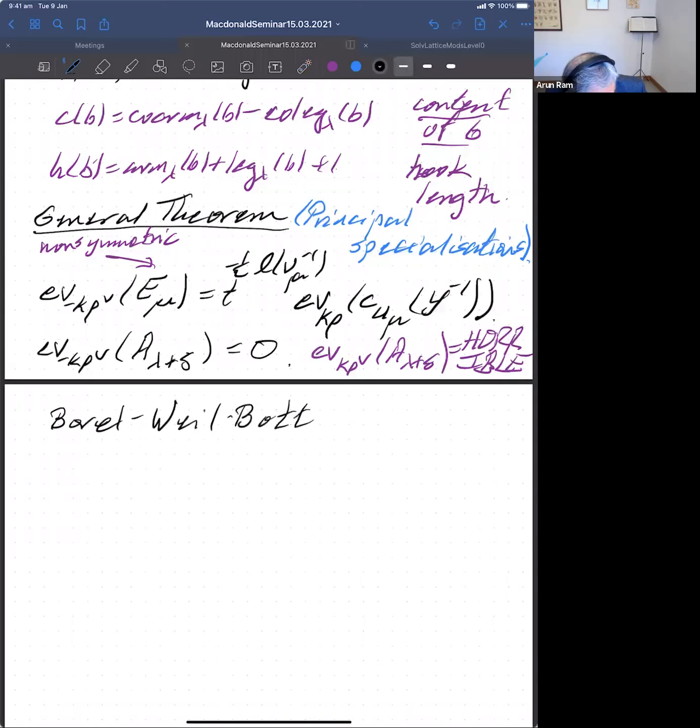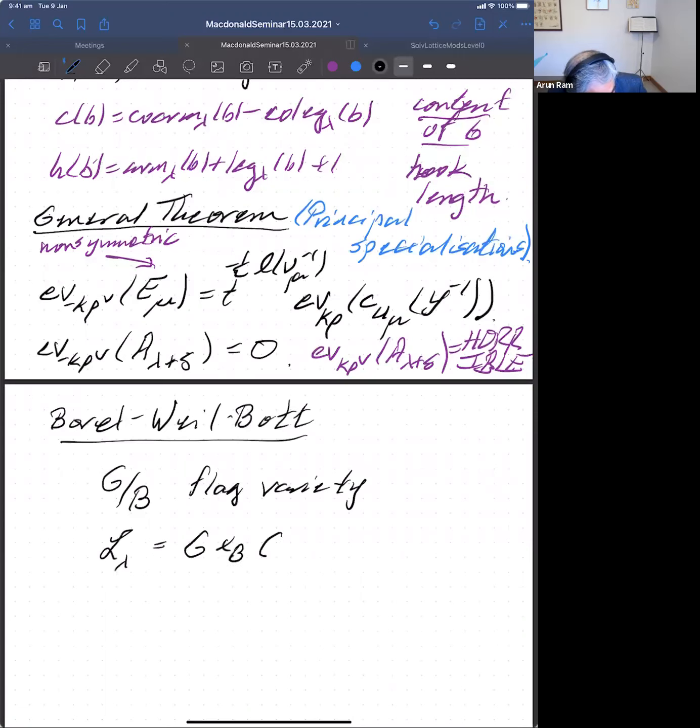So Borel-Weil-Bott says that if you take the flag variety, G mod B is a flag variety, and associated to lambda, you take L lambda, a homogeneous line bundle corresponding to a character of the torus.